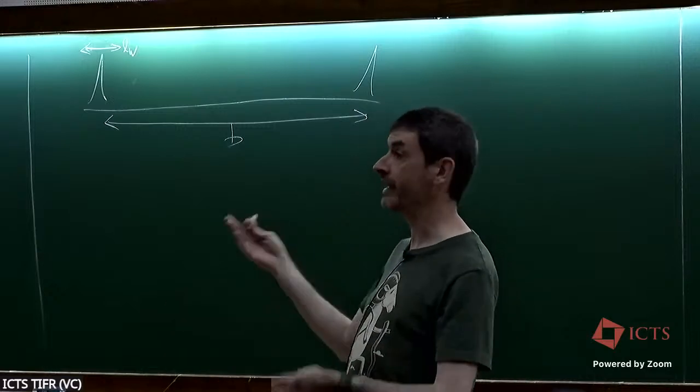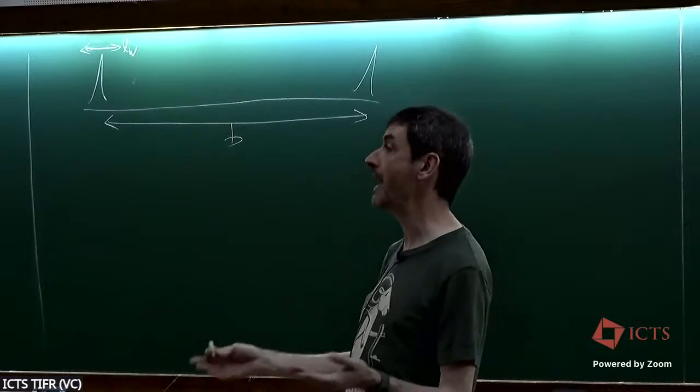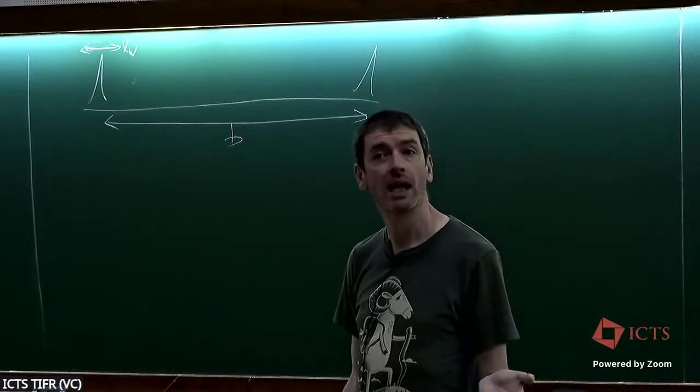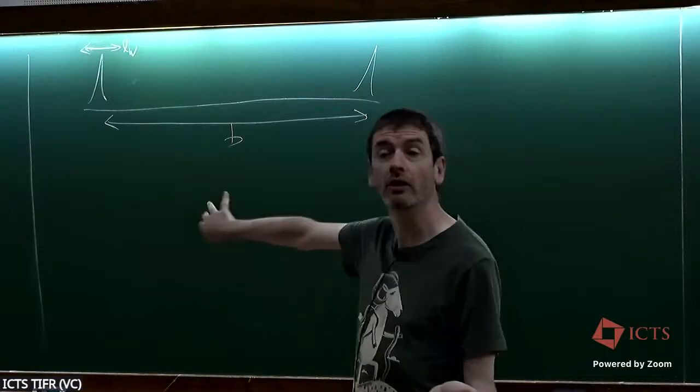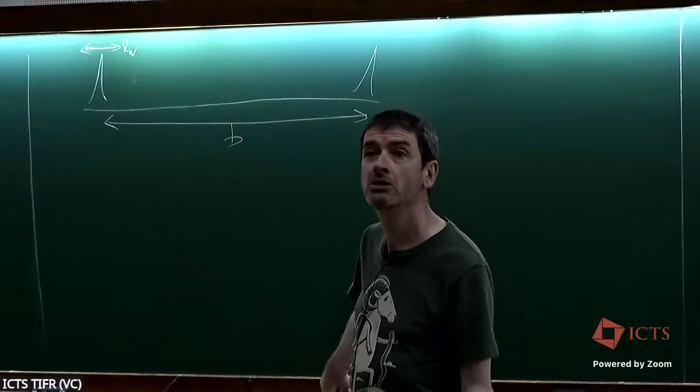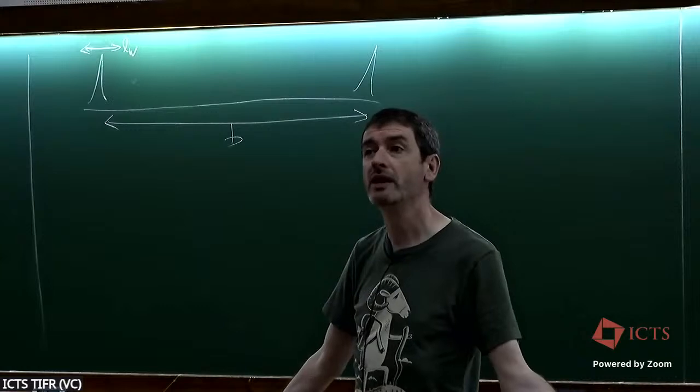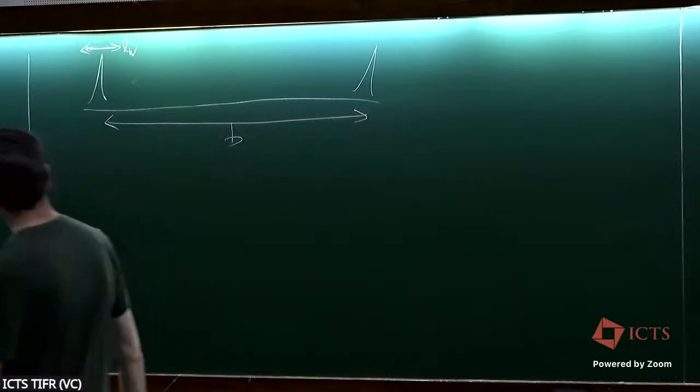They'll come out involving LW and B, and I will expand in the small ratio LW over B, and ignore all of the terms that have LW in them. The terms that are left should be the classical terms. That's the basic idea.